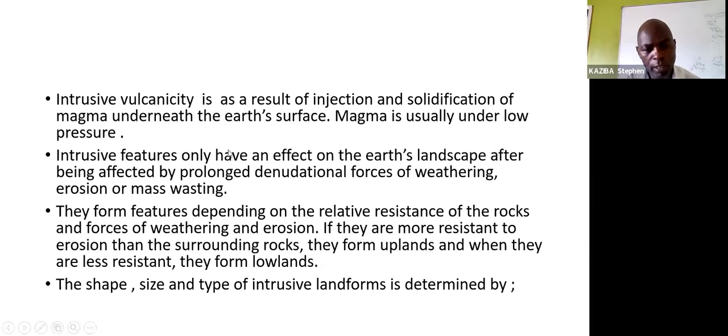So now, if you're explaining the formation of intrusive features, you have to explain how they are formed inside and then what happens when they're exposed on the Earth's surface. If you only talk about when they're inside, then you don't get marks. The formation of these features depends on the relative resistance of the rock and the forces of weathering and erosion.